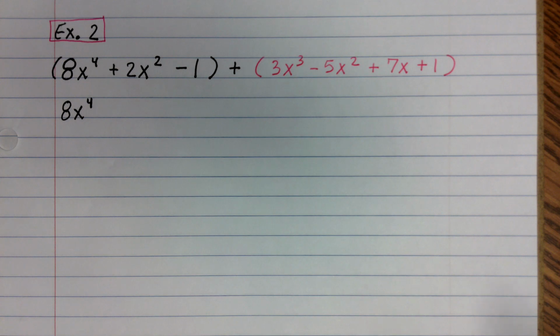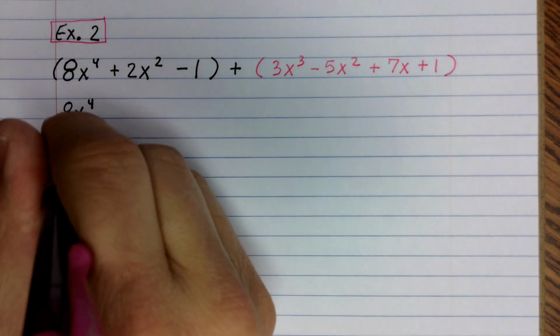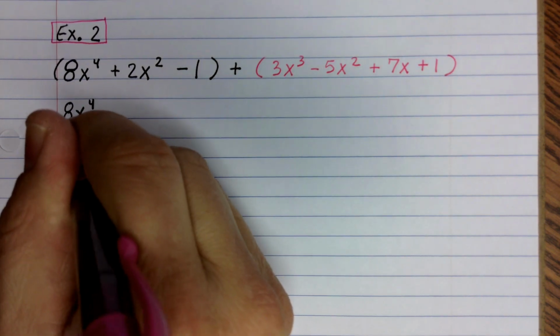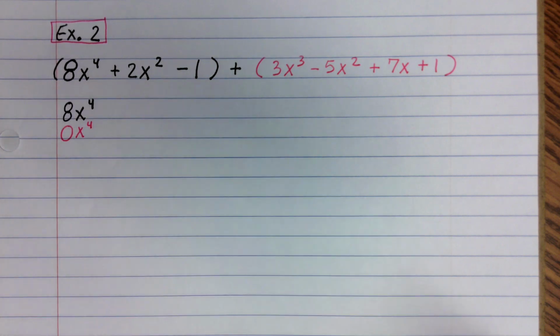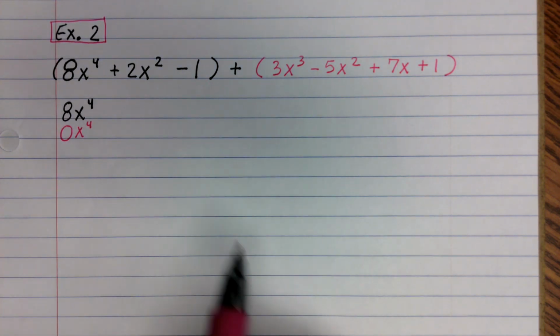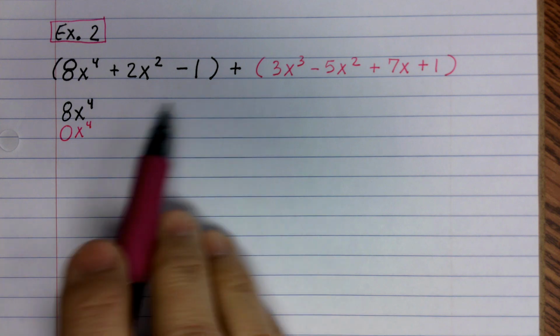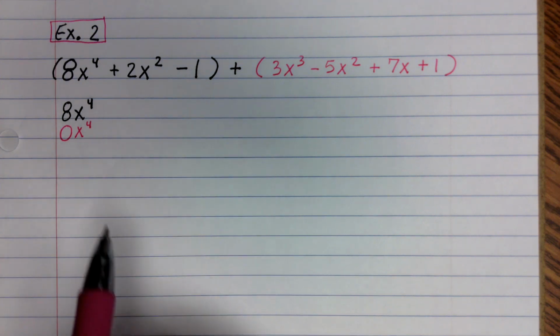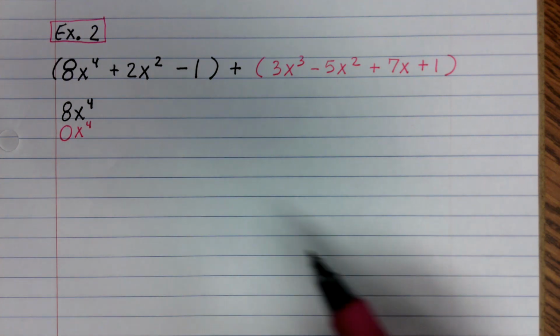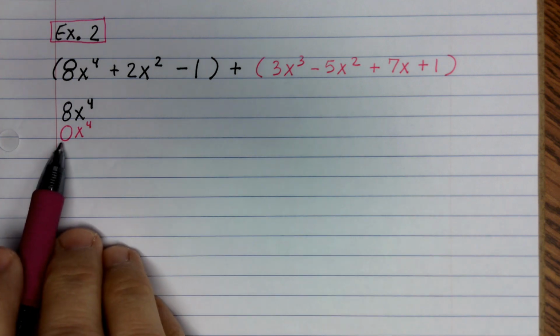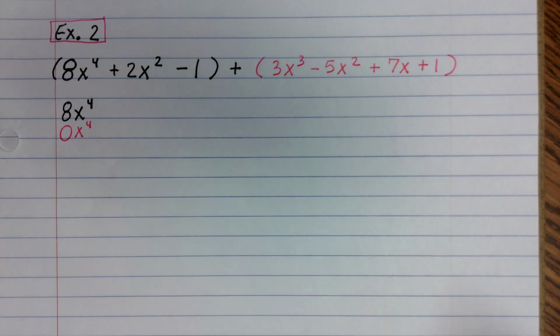Because I have no power of 4, just as a placekeeper, I'm going to write 0x to the 4th power, so that there's something to line up with it. That way I don't accidentally put this 3x cubed underneath that 8x to the 4th power, which is something I commonly see students do when they don't put a 0 in to hold the place.